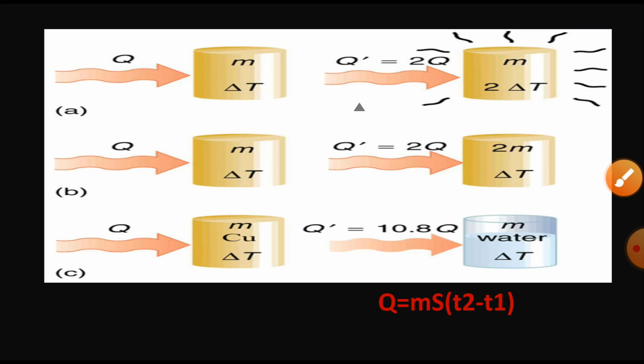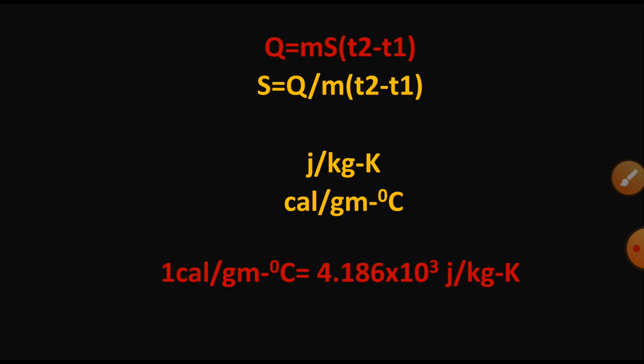Now what is the relation between these two? 1 calorie per gram degree centigrade is equal to 4.186 into 10 cube joules per kg Kelvin. Already in the last video we learned 1 calorie is equal to 4.186 joules.